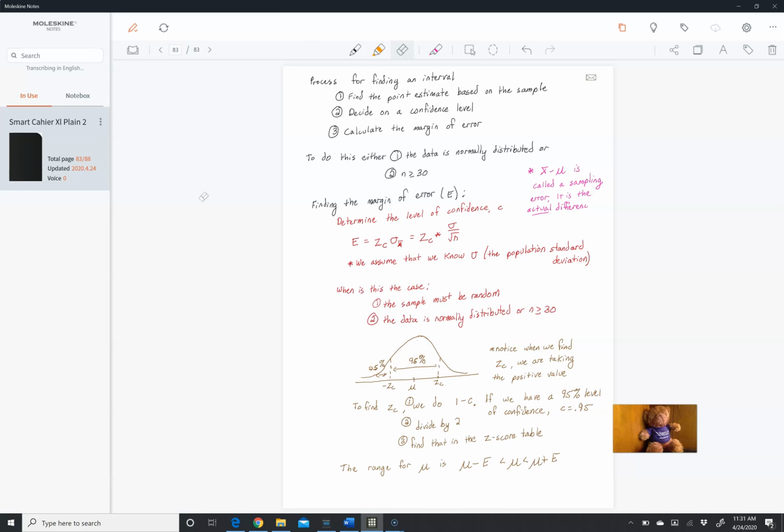I just want to give that to you as a definition. Most of the time, you will never know this because you're not getting the actual population mean.